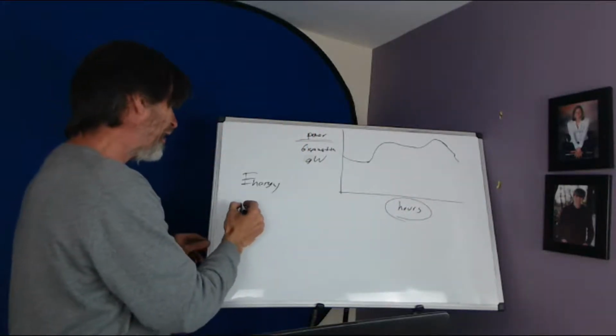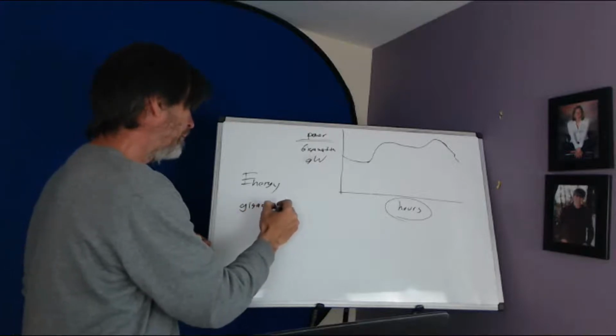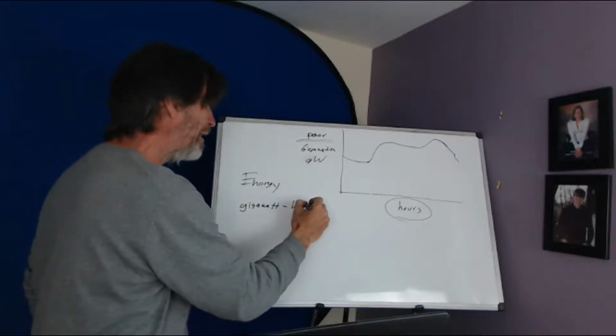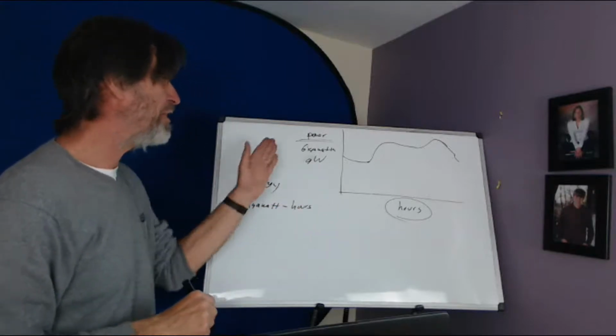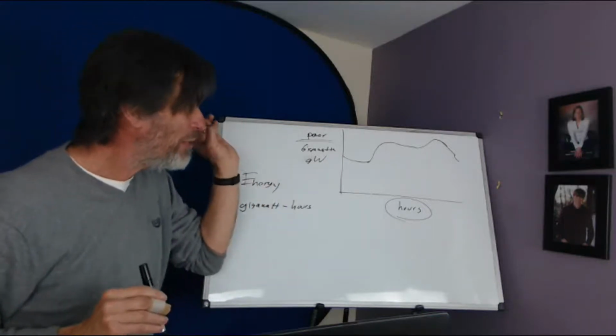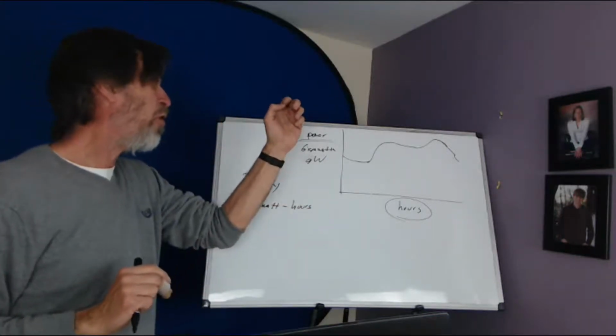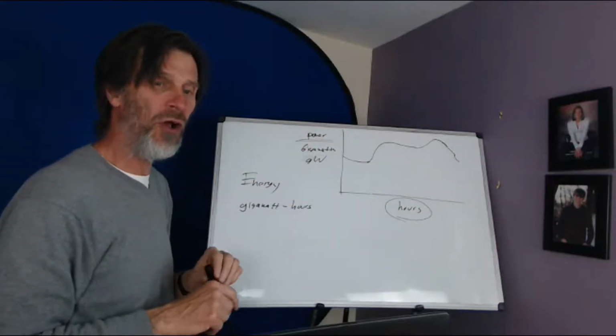So energy in this case is going to be measured in gigawatt hours, not gigawatts per hour. It's a multiplication of these two things, not a division. Every single time there's an area under the curve, it is always these units multiplied by those units, always.